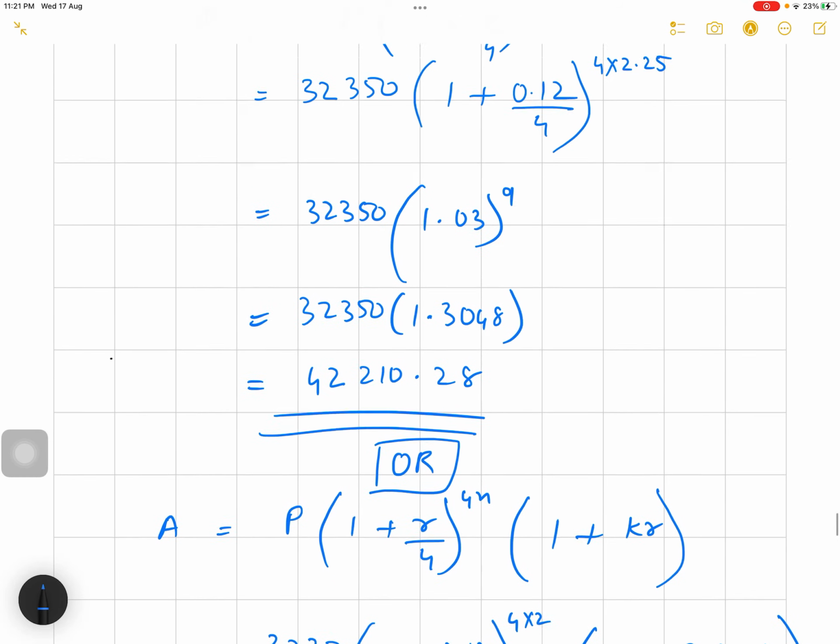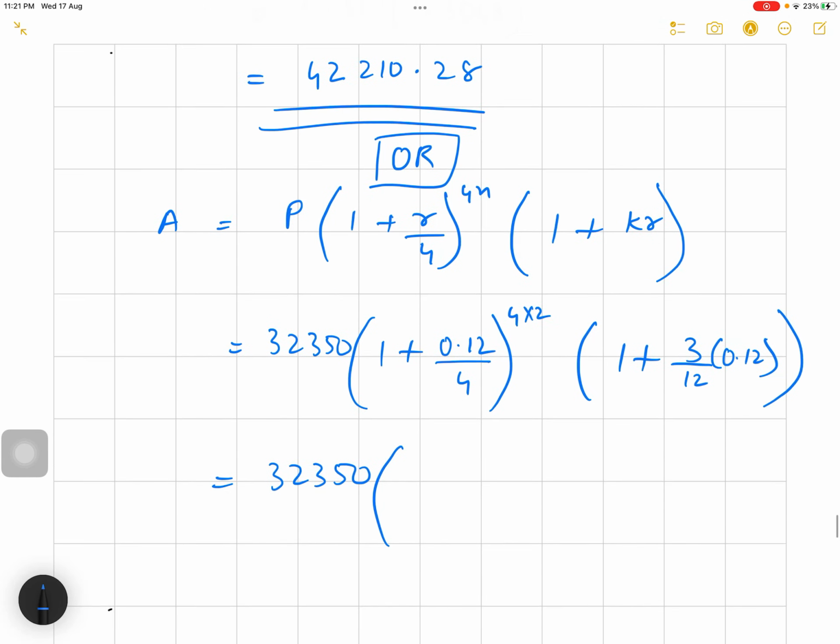32350 into, you have calculated this bracket already, it comes to 1.03, correct? 4 into 2 is 8.